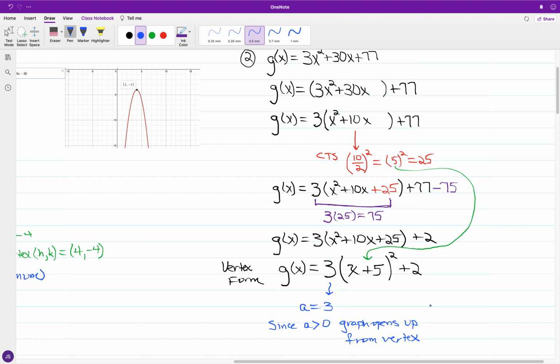And since the graph opens up from the vertex, every other point is going to be at a level that is higher. So the vertex is going to be the bottom point, the location of the minimum.